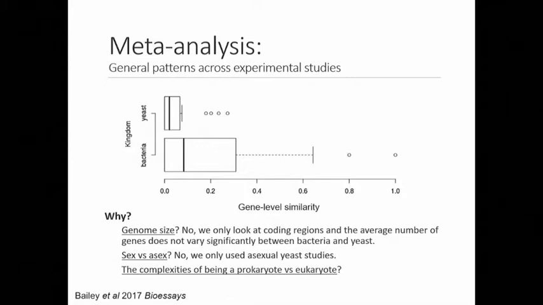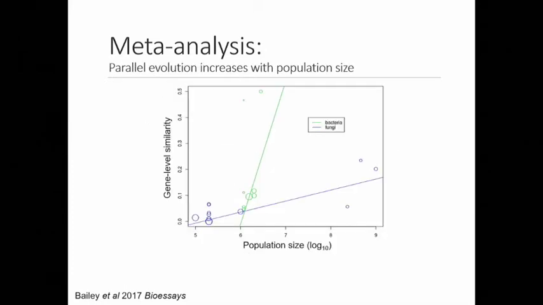So I'm not sure how biologically interesting this particular difference is, but what I think is more interesting in terms of thinking about what's really driving repeatability of evolution is that we were able to detect a significant relationship between population size and gene level similarity. Okay, so on this plot we have population size. This is in all the studies where we were actually able to pull that value out, which significantly reduced the number of studies that we were able to include here.